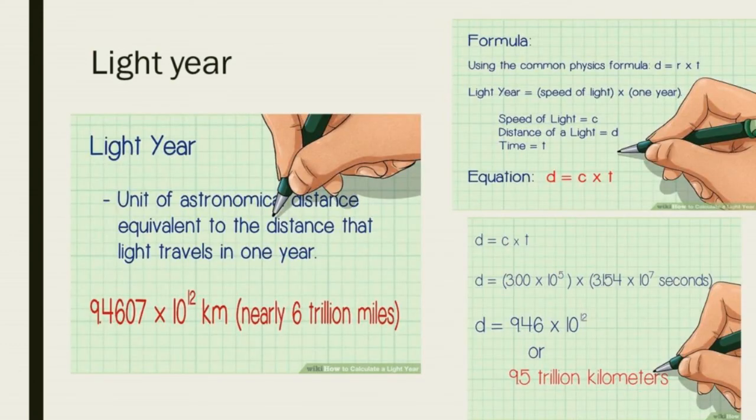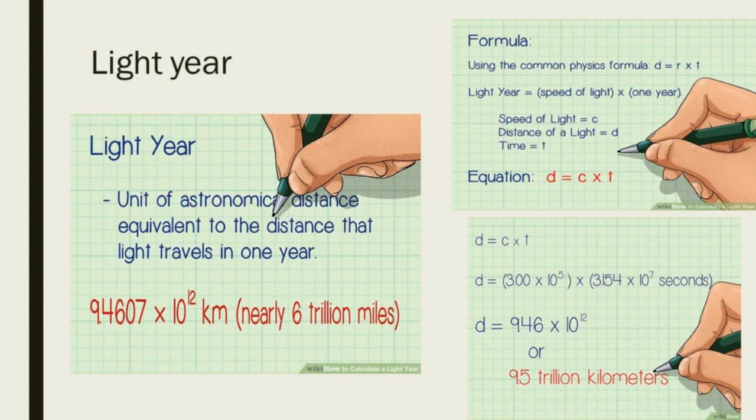One light year is defined as the distance traveled by light in vacuum during the period of 1 year. So 1 light year is equal to 9.46 into 10 to the power of 15 meter or 94,607 into 10 to the power of 12 kilometer. It's nearly 6 trillion miles.